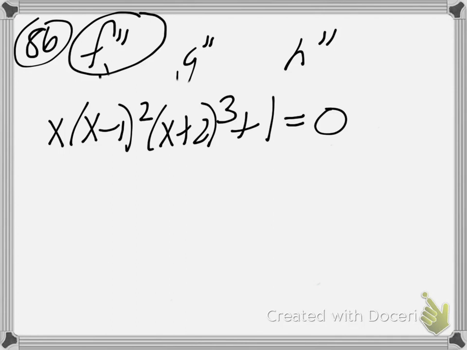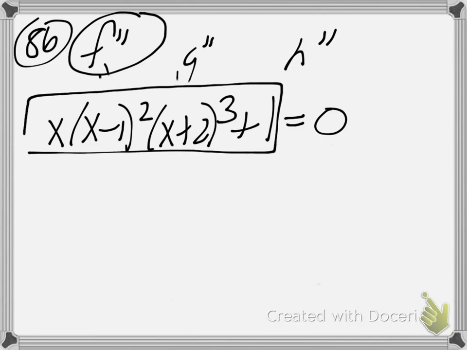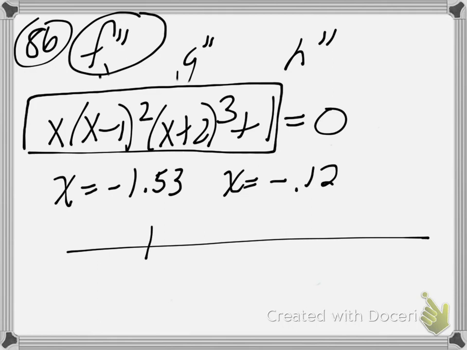So you're going to have to put this into your y equals on your calculator, and then go into second calc and see where it hits the x-axis. And it will hit the x-axis at x equals negative 1.53 and x equals negative 0.12. So we're going to make a wiggle graph.